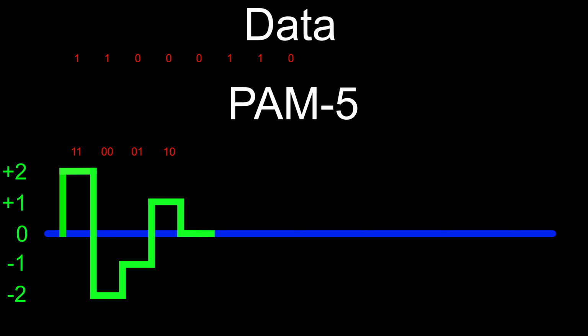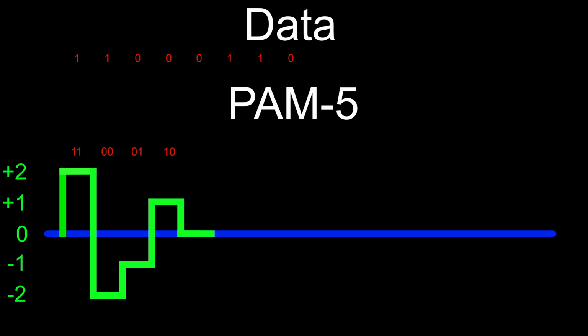To accomplish this, 2 encoding structures were used. The first is TCM, and the second is PAM5. I'm not going to get into as much detail here, but the result is that the encoding requires 2 values on each side of the baseline. Each of those 4 steps represents 2 bits.